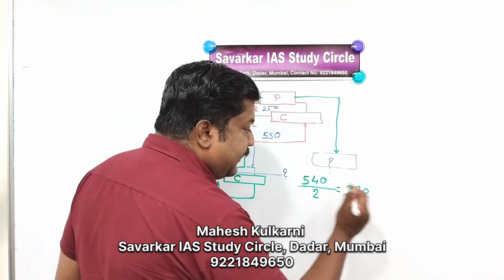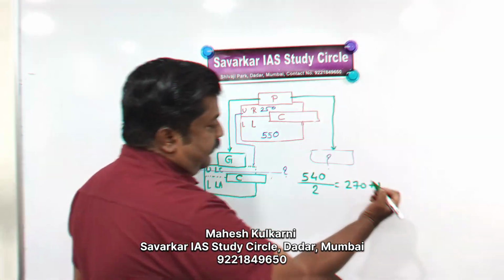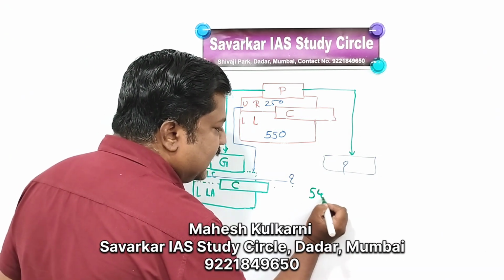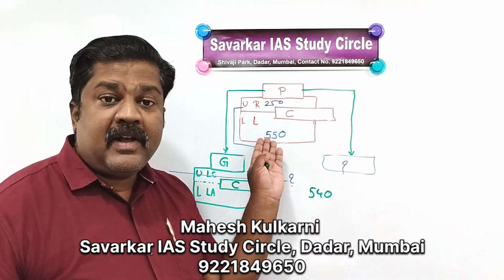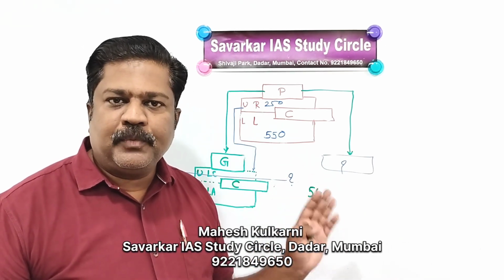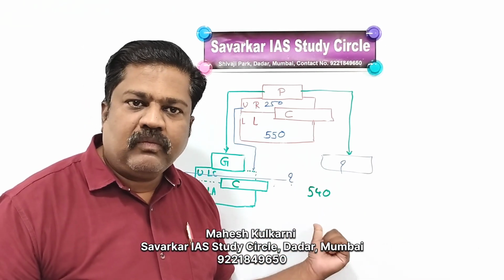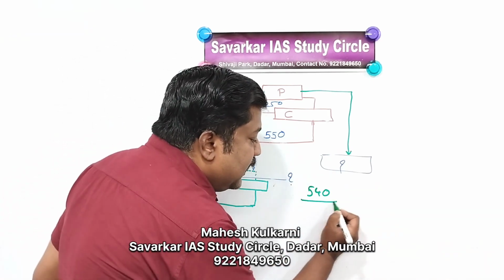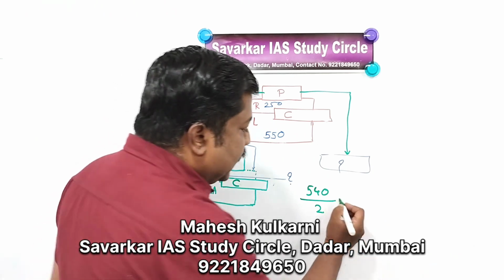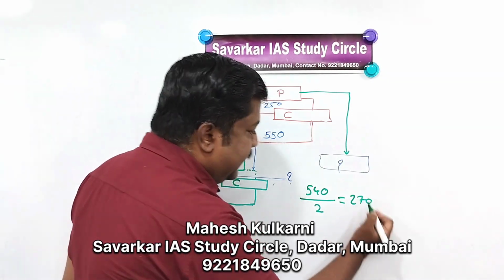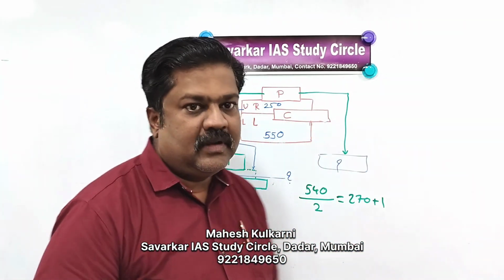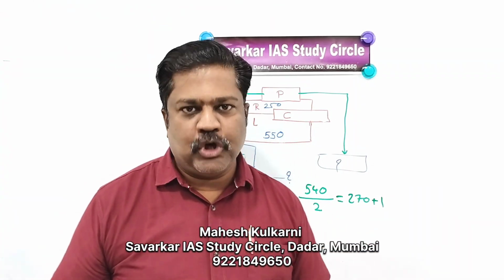So 270 plus 1, what is the simple majority here? If 546 are there in Lok Sabha, see here I have written 550, this is the maximum capacity. But in a particular election, suppose elections were completed for 546, then what is the simple majority? We have to divide this by 2. So here we are getting the answer as 270 plus 1. This is called a simple majority.